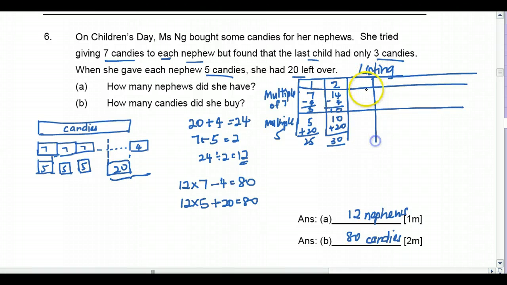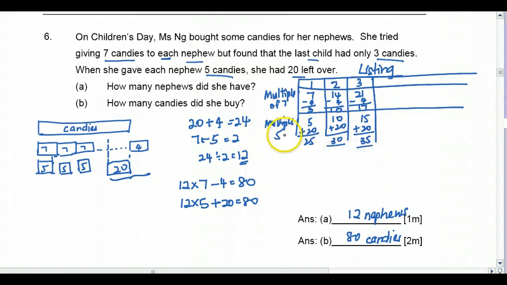If I have 3 nephews, 3 times 7 is 21, minus 4, I will have 17. 3 times 5 is 15, plus 20, I have 35.